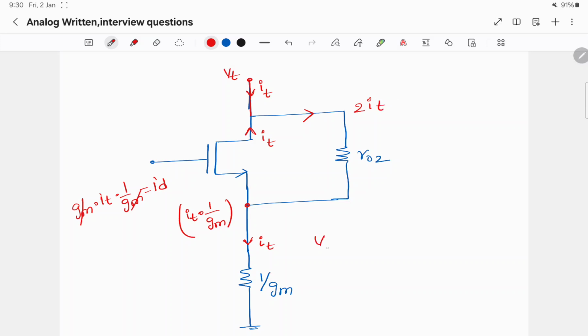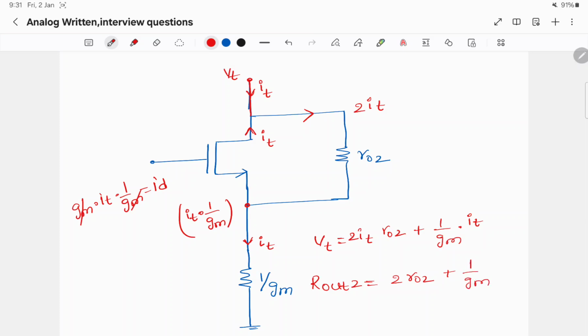So VT is 2IT times RO2 plus 1 by GM times IT. So it is 2RO2 plus 1 by GM.